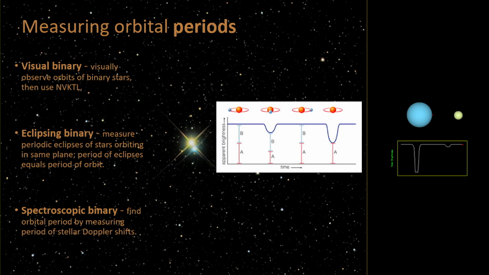How about our third method here, spectroscopic binary? What does that mean? Well, a few minutes ago, we talked about the spectra of light that we can get from a star. And in some of my other lectures, I've explained how when we look at the light from a star and we break it into a spectrum, we often see spectral lines that indicate various elements are present. And we know what those elements are because here on Earth we can compare.